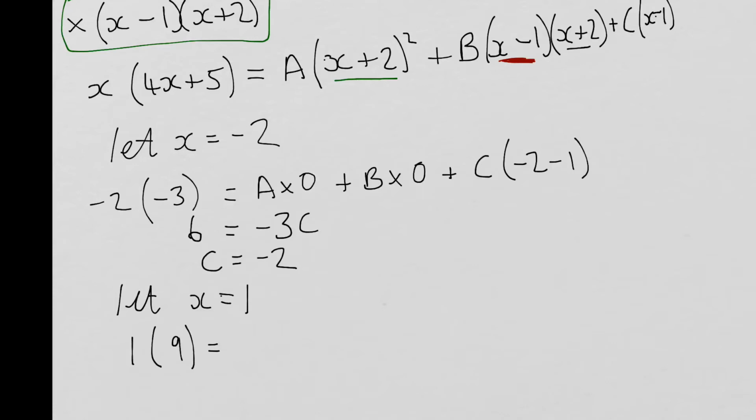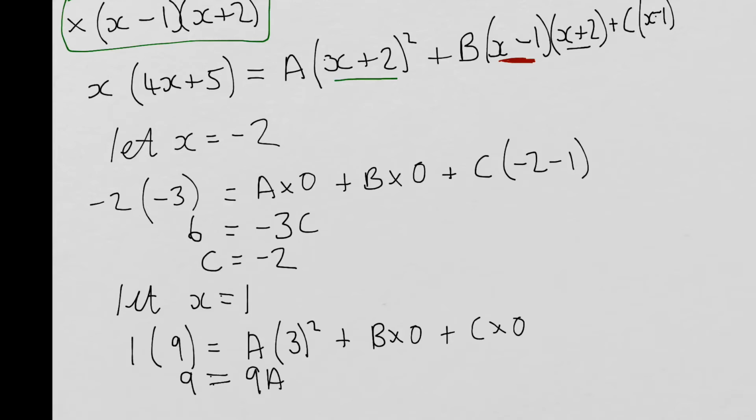And then on my right hand side I'm going to have a multiplied by 3 squared, plus the b times by 0, and then the c will also be multiplied by 0. So I'll get 9 is equal to 9a, so a is equal to 1. Wonderful.